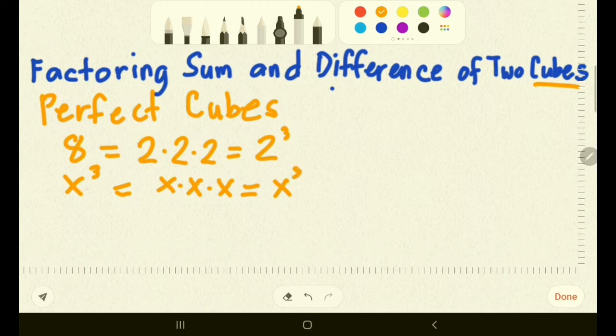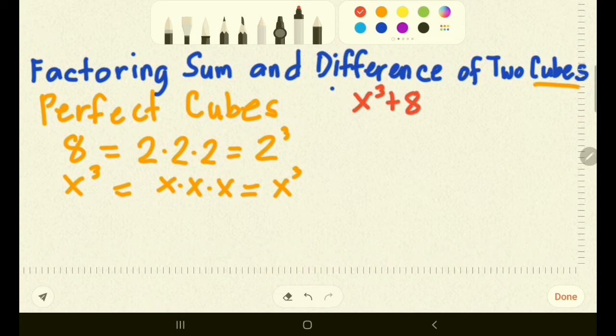So it's very clear that x cubed is a perfect cube. Now, since we're going to factor the sum and difference of two cubes, let's have the sum first. What do you think will be the factor of x cubed plus 8?